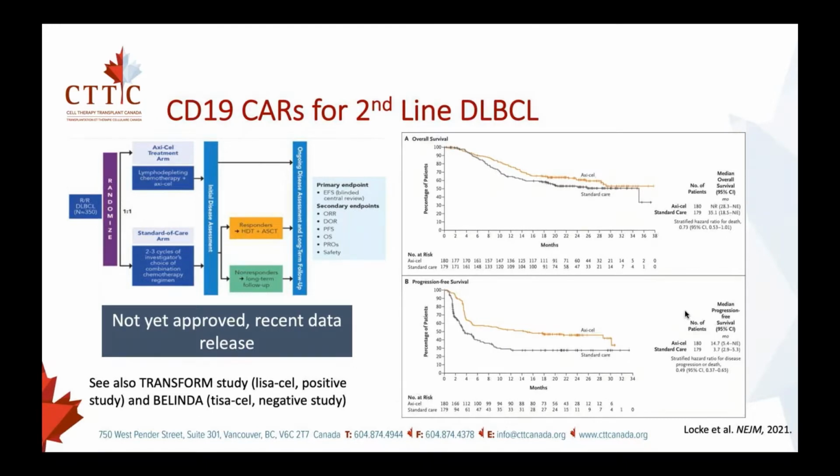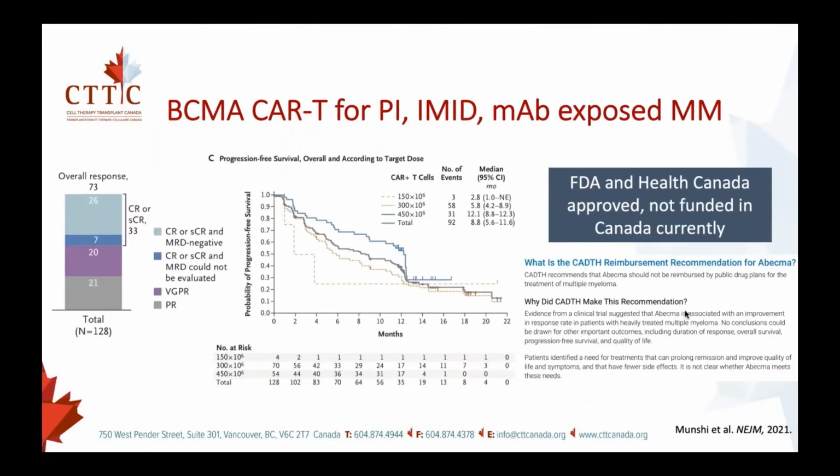However, no overall survival benefit as of yet, but this is probably because a lot of these patients then went on to receive axi-cel if they were starting to fail the transplant route. But really stay tuned as to what will happen with this in terms of approvals. You can see also those other studies, but I just wanted to briefly mention this.